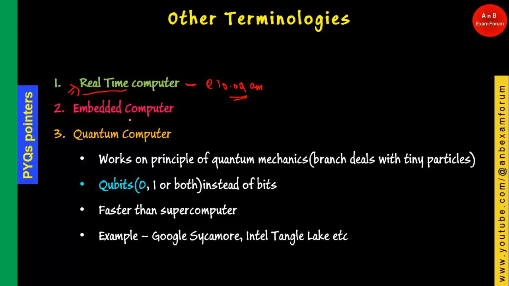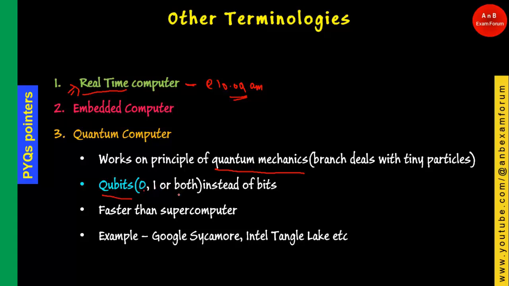Nowadays quantum computers are a huge hype, working on the principle of quantum mechanics. As you know, quantum mechanics deals with tiny particles, known as qubits. A bit is 0 or 1, but a qubit can be both.